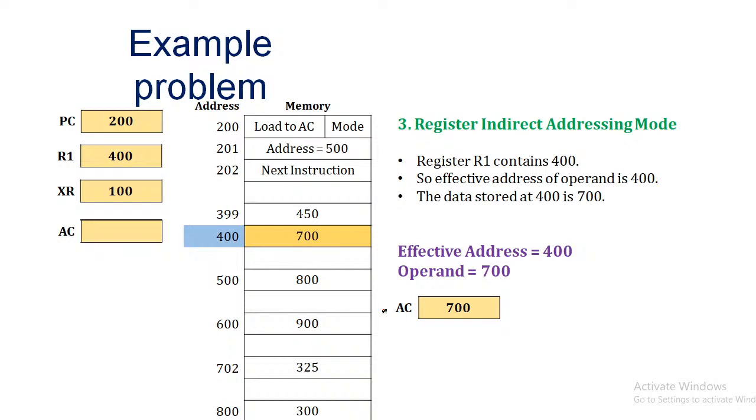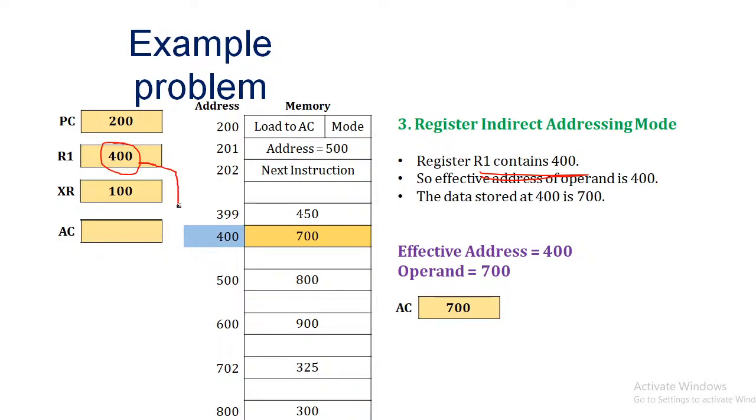Now come to the register indirect addressing mode. In register addressing mode, the content of the register was fetched to the accumulator. But in register indirect, this R1 is actually storing the address. So if R1 contains 400, this 400 is not going to come to the accumulator.